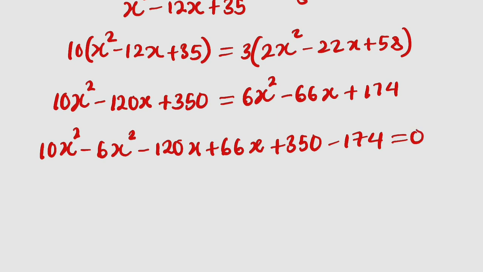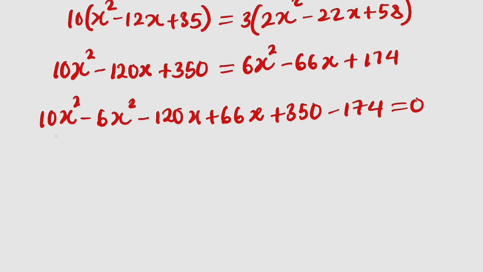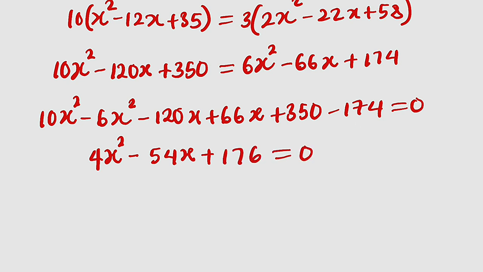And everything will be equal to 0. 10 minus 6 is 4, so we have 4x squared right here. Negative 120 plus 66, that will give us negative 54x, plus 350 minus 174, that will give us 176. This is equal to 0.